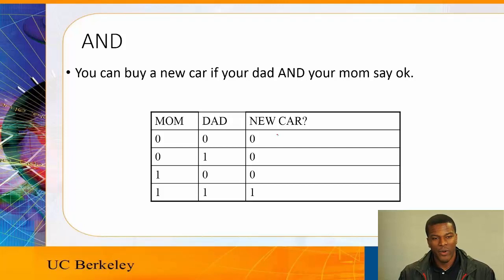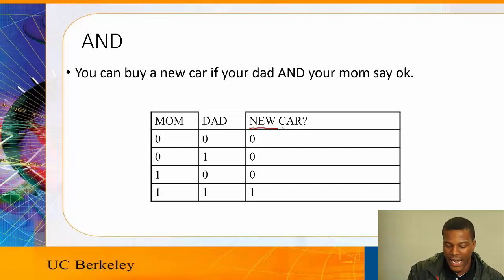The next logical operation we're going to talk about is AND. And in the same way that not can be used in natural language, this can be too. So we're going to help build your intuition around this by using the sentence illustrated in this slide. It says, you can buy a new car if your dad and your mom say okay.